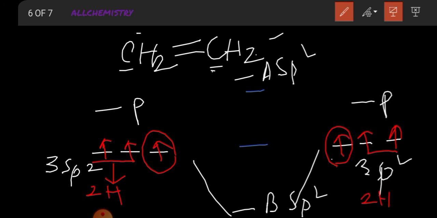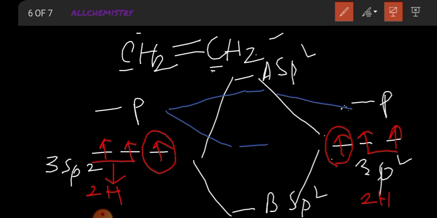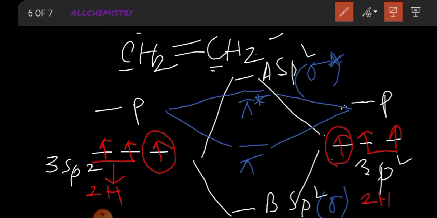This is the sigma bond, this is the pi bond, this is pi star, this is sigma star. So that is how it forms 1 sigma bond and 1 pi bond. In a similar way, MO can be drawn for sp hybridized carbon.